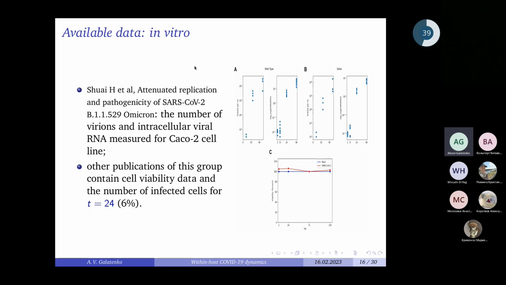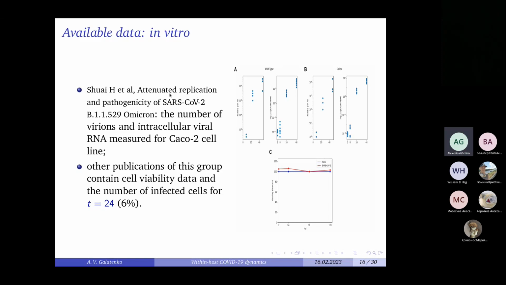And here is the example of data collected in an in vitro experiment by Shuai and co-authors. The authors considered 2 virus strains, the original Wuhan strain, wild type, and Delta strain.